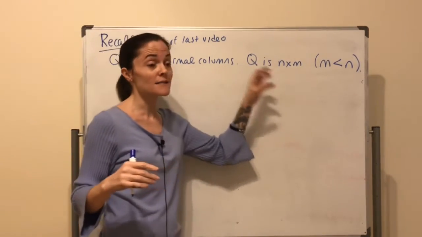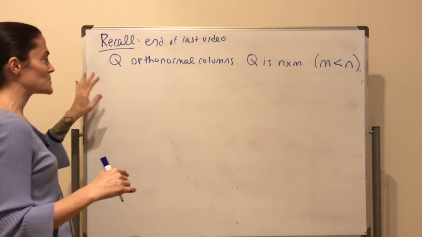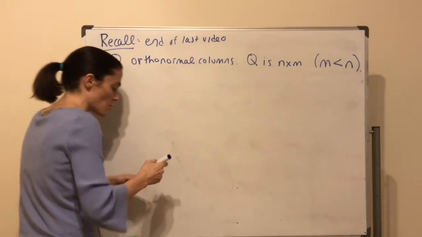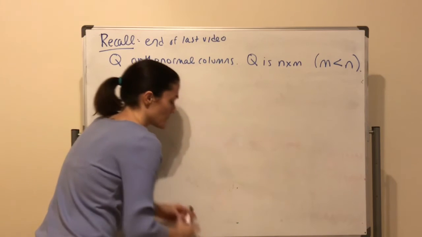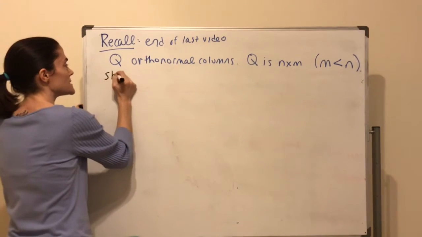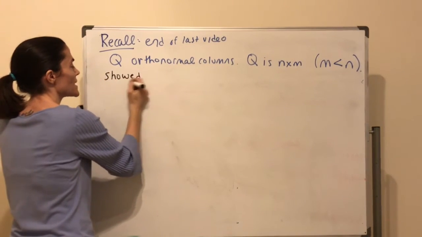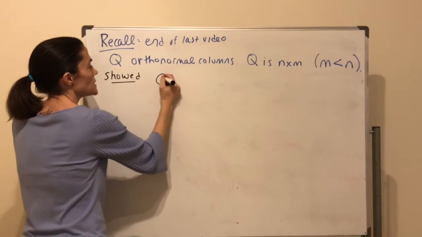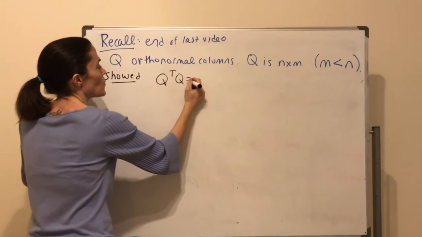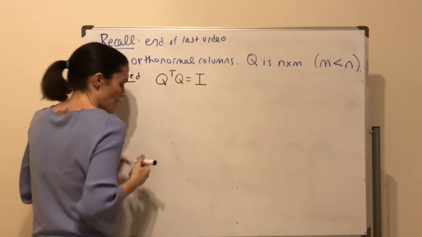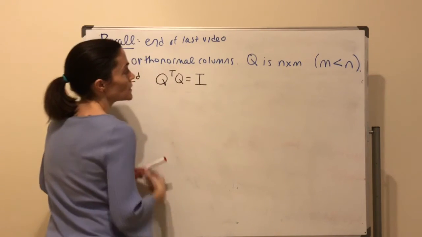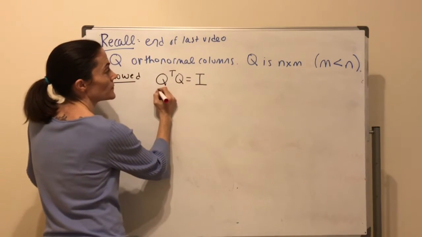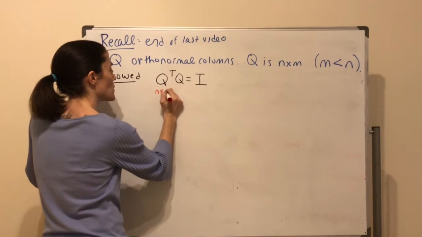But I'm talking about the non-square matrices with orthonormal columns, and I showed in a very similar way to how I showed for square matrices today that Q transpose Q was the identity. Now I have to think about the size. Q is n by m.